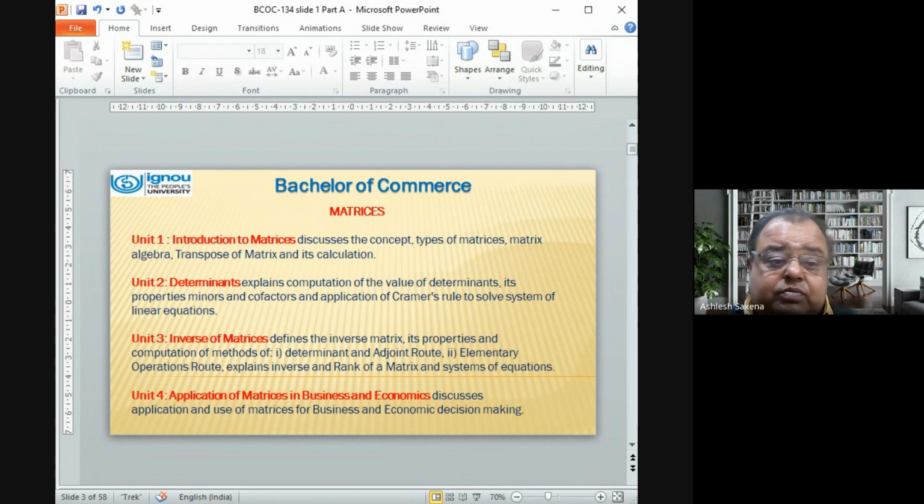Then, inverse of matrices, which consist of its properties, computation of methods for determinant and adjoint, elementary operation, inverse and rank of matrices, and system of equations. There we will be using a formula. And then the application of matrices in business and economics, where we will be discussing the application and use of matrices for business and economic decision making.